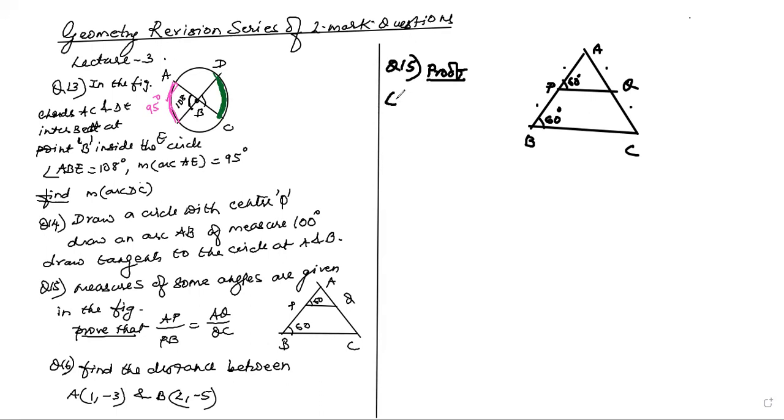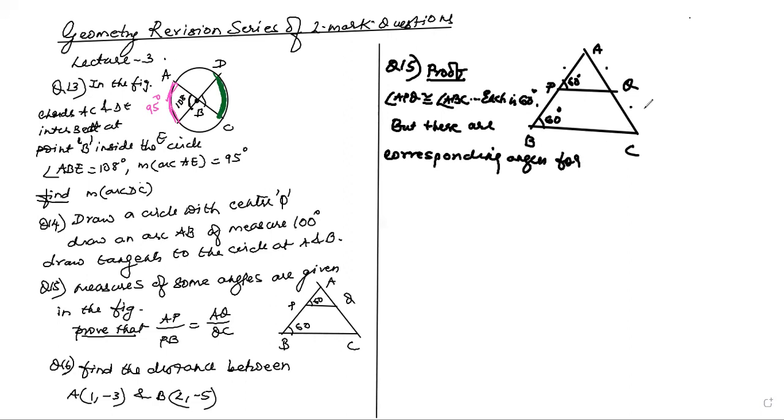Angle APQ is congruent to angle ABC, each is 60 degrees. But these are corresponding angles for segments PQ and BC on transversal AB.